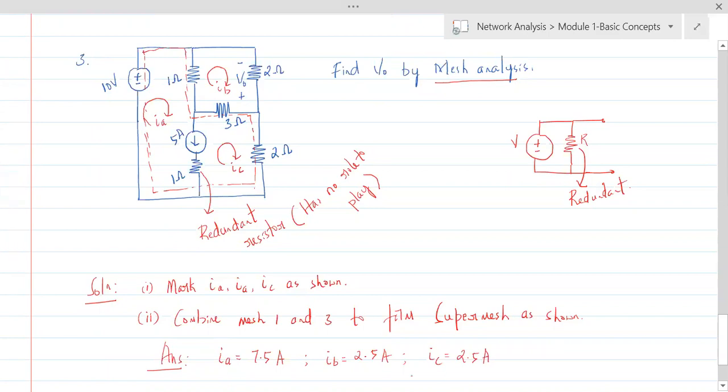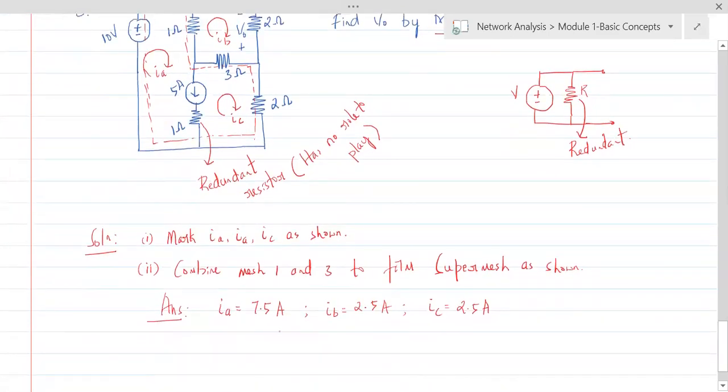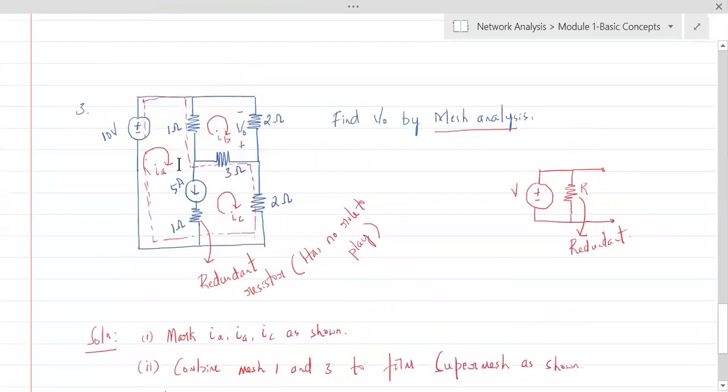Fine. And after knowing IA, IB, IC, we have to write the equation for V naught. Anybody would like to give the equation for V naught looking at this? Those who have solved the assignment problems would be knowing about this. So what is V naught? V naught is 2 into IB, or minus 2 into IB is the question.